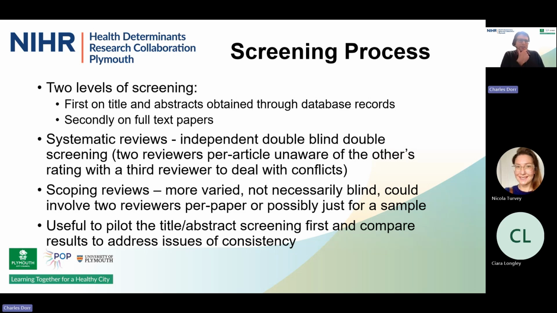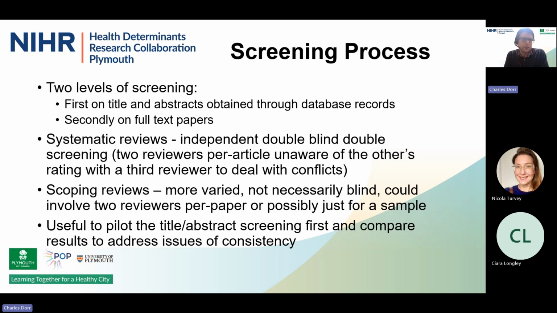Now, I mentioned this can be different depending on the type of review. So, as I say, in systematic reviews, you'd normally have an independent double-blind, double screening process where you'd have at least two reviewers and they wouldn't be able to see what the other reviewer is rating. Scoping reviews, it's not necessarily blind and the process is more varied.